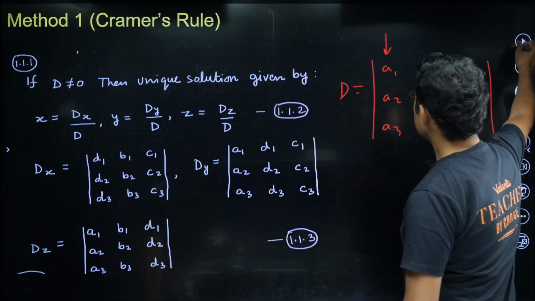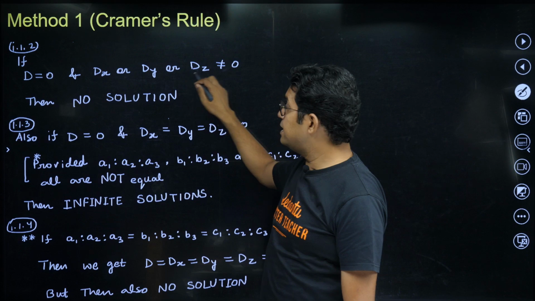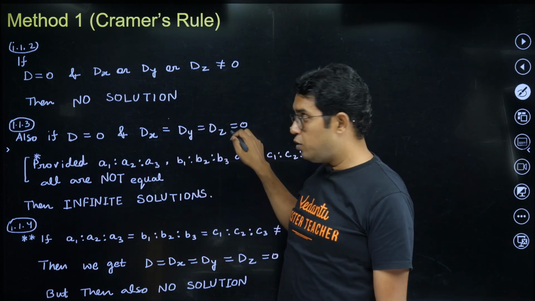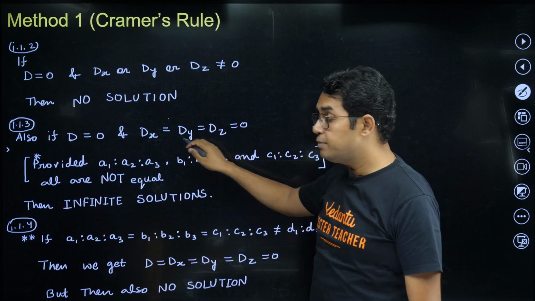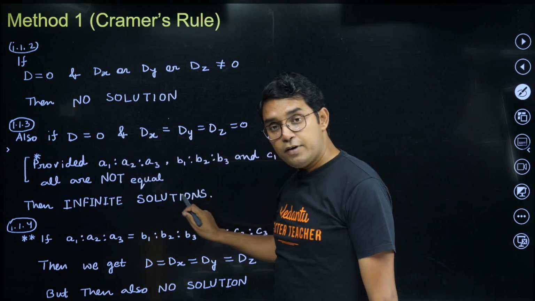In fact, if D is equal to 0, then you will check Dx, Dy, Dz once again. If they are not equal to 0, then no solution. If they are equal to 0 with some conditions, I have written it here, you can go through it, then you get infinite solutions.